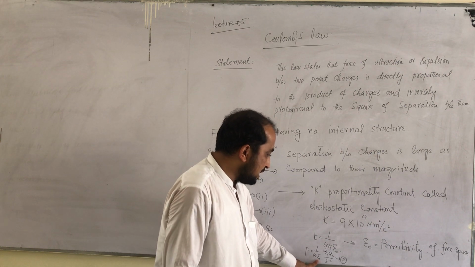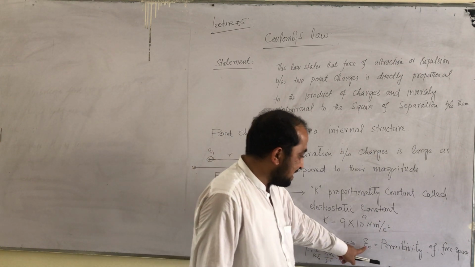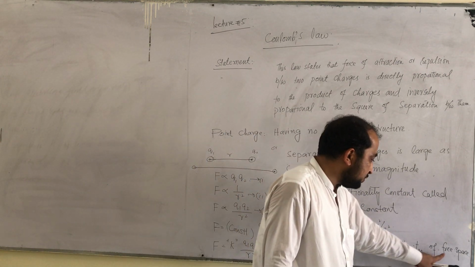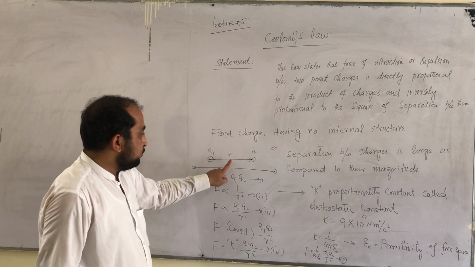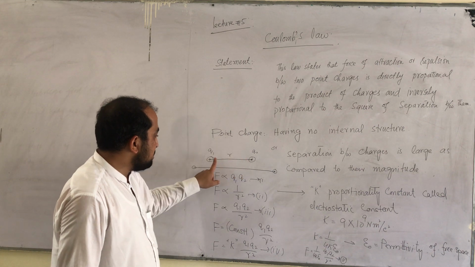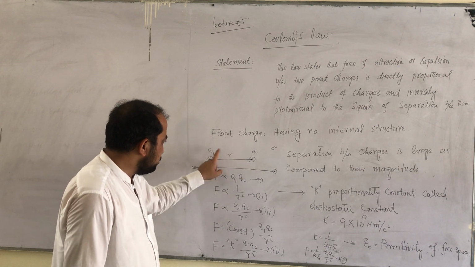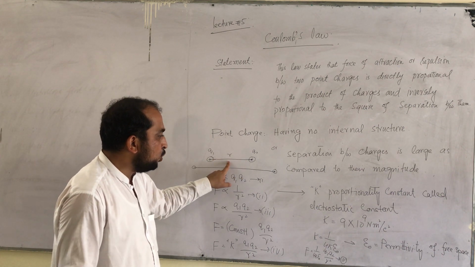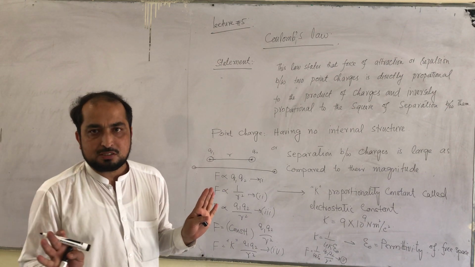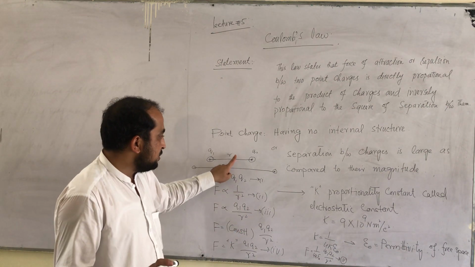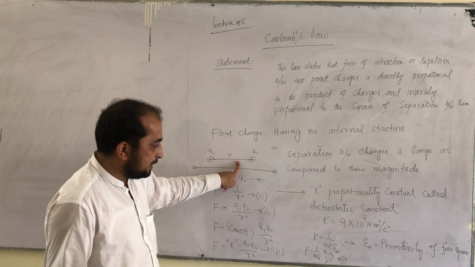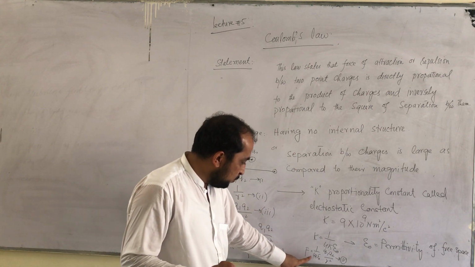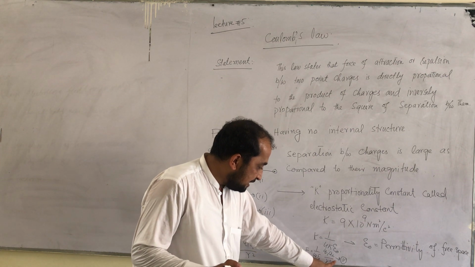What is epsilon naught? Epsilon naught is called the permittivity of free space. Free space means the force of attraction or repulsion between these two charges when there is no material medium between the charges. Either there is free space, vacuum, or air. At that time the Coulomb force can be calculated as this.